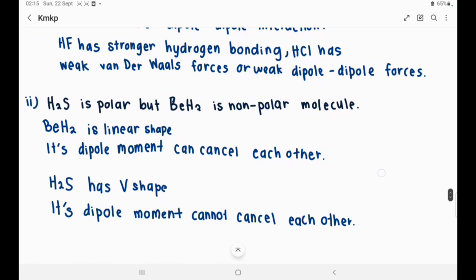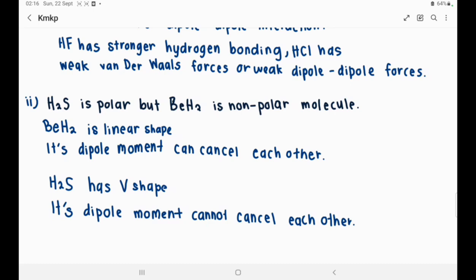For Roman 2, the question is, H2S is polar, but BeH2 is a non-polar molecule. So, we draw the molecules of H2S and BeH2 to see the shape of the molecule. So BeH2, the shape is linear, and H2S, the shape is V shape. The information given is H2S is polar, so its dipole moments cannot cancel each other.